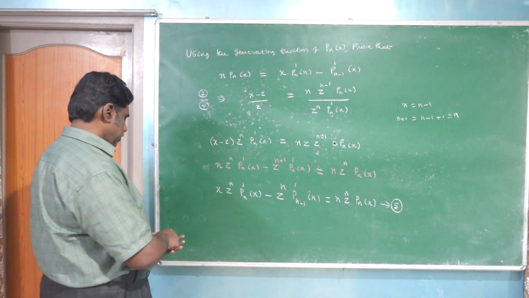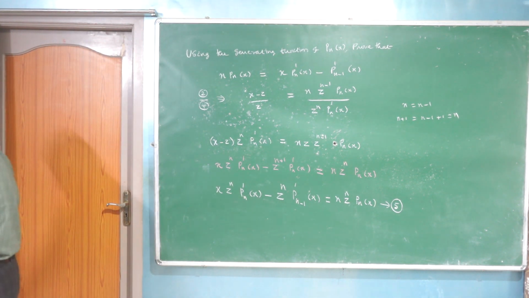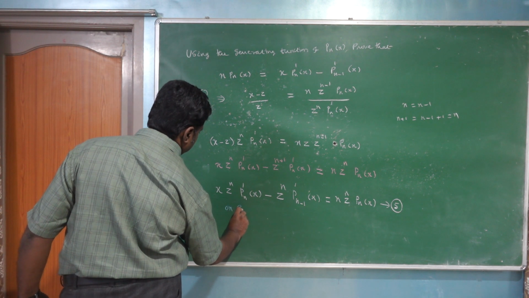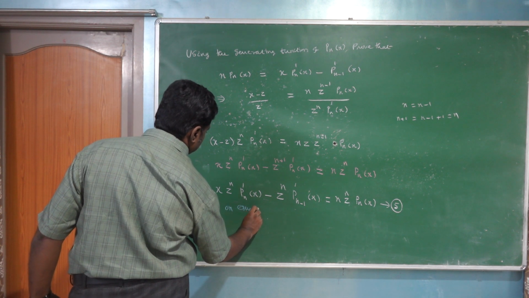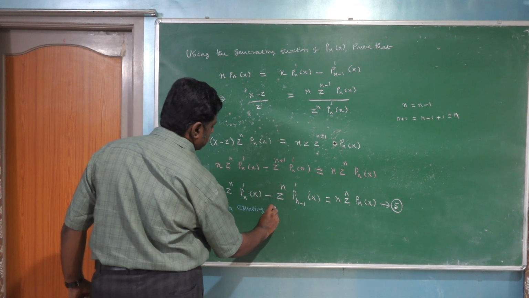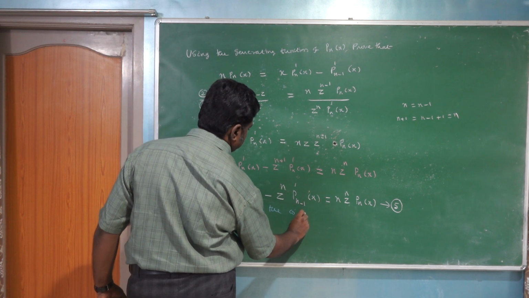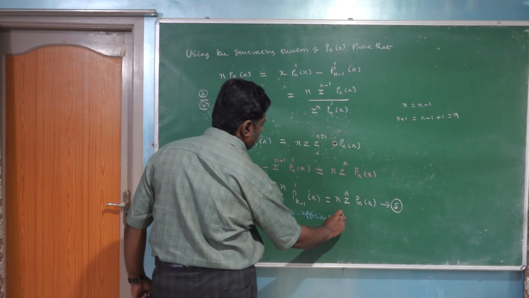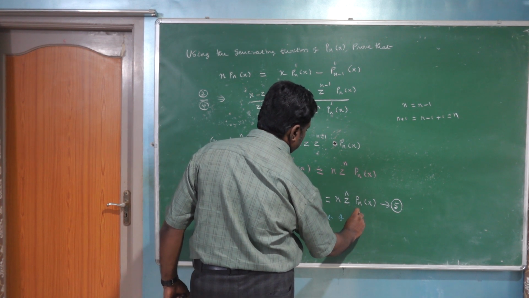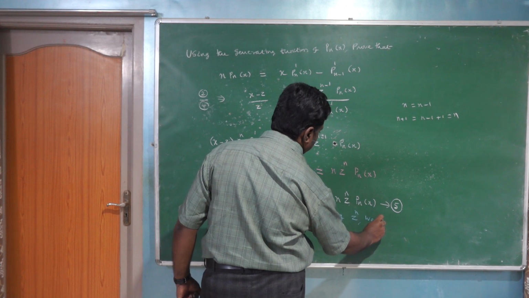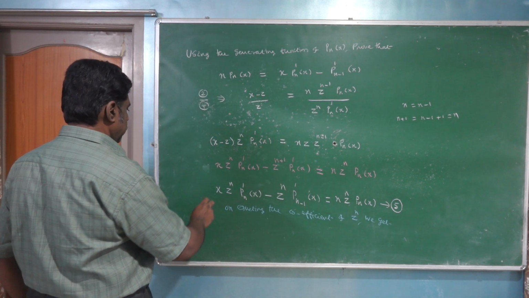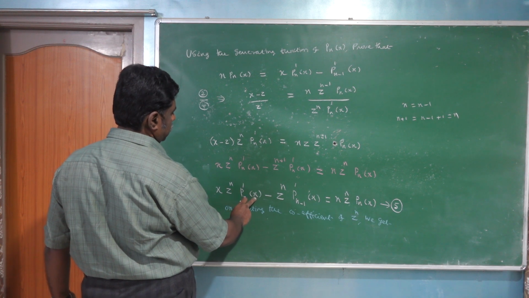On equating the coefficient of z power n, we get x into Pn dash of x.